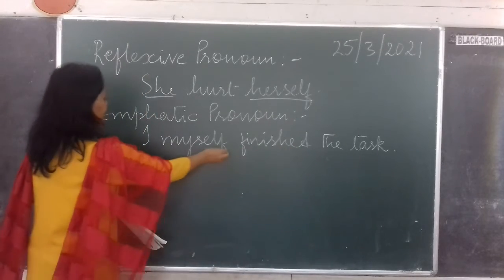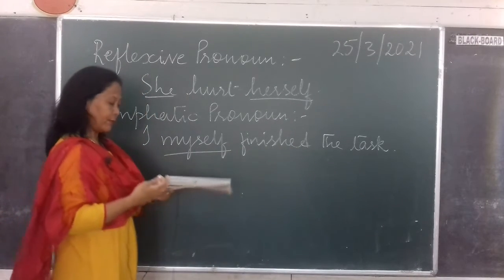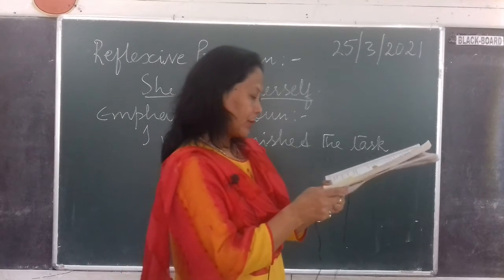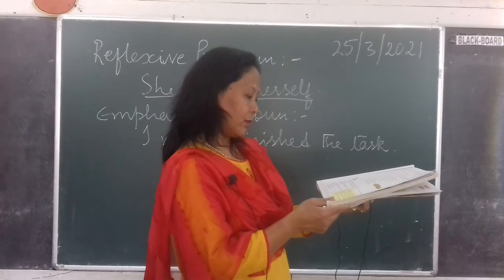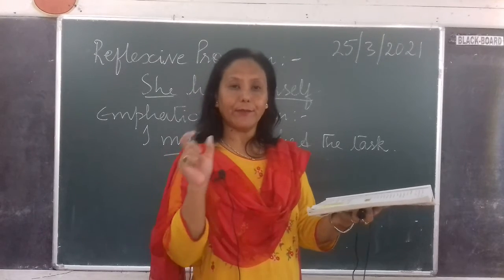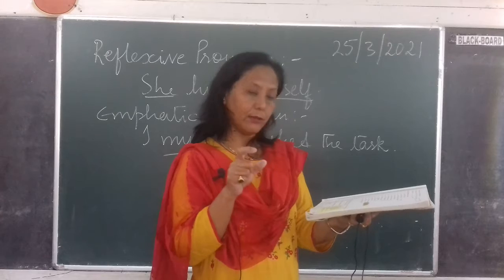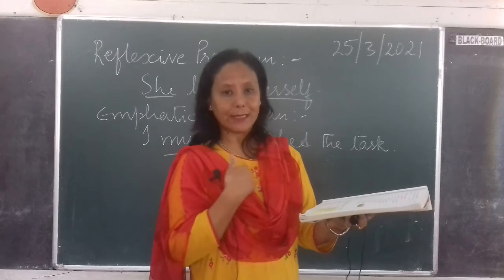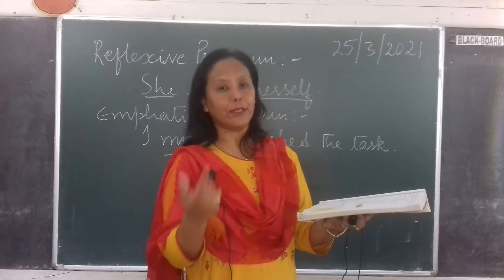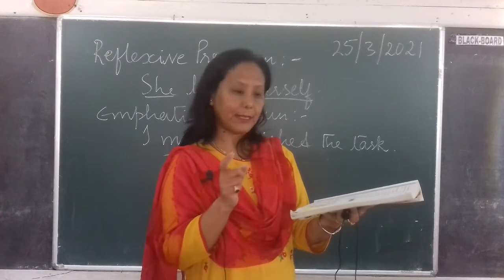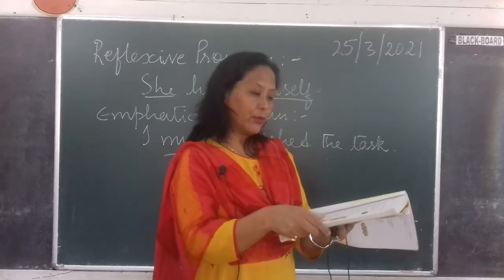You're talking about yourself. Alright, I myself finished the task. She herself painted the wall. So these are emphatic pronouns where you're emphasizing a particular person. Like I myself, what am I talking about? Myself, isn't it? That I myself finished the work. Or she herself painted the wall. So that is emphatic pronoun.